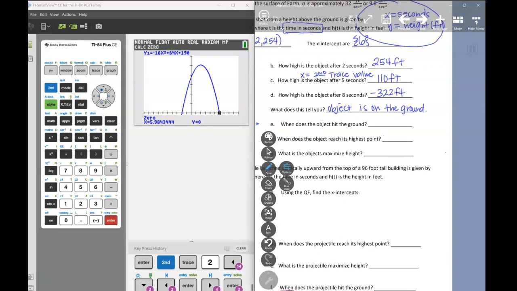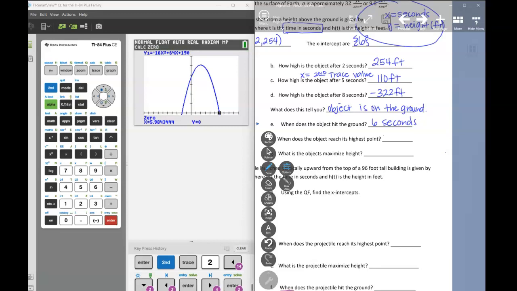And then it says, when does the object hit the ground? What would you say in words? When means time. 6 seconds. After 6 seconds. Okay, let's use the logic we already know. When does the object reach its highest point?